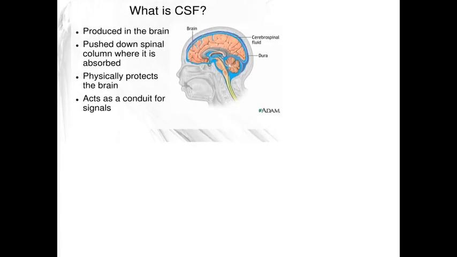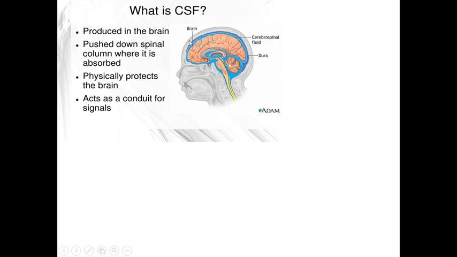hydrocephalus. So hydrocephalus is when there's some abnormality in the CSF formation or CSF drainage. So what is this CSF? CSF stands for cerebrospinal fluid. So this is a fluid that is produced in the ventricles of your brain, and which circulates around the brain and the spinal cord.